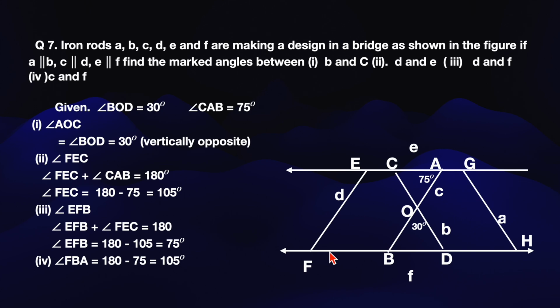So this angle is equal to 180 minus 105. So we get the answer as 75. Last, they are asking us to find FBA. This angle plus this angle is 180. So this angle is equal to 180 minus 75, which is 105.